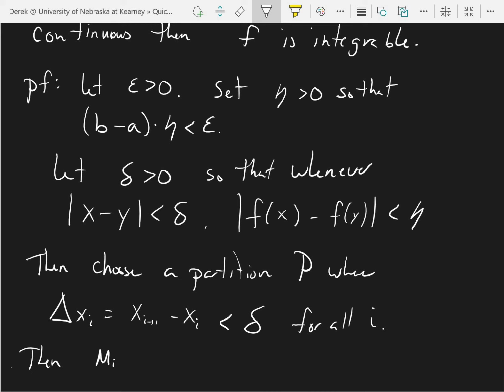Okay. Then I want to show that M sub i minus m sub i is less than eta. Okay, why is that?